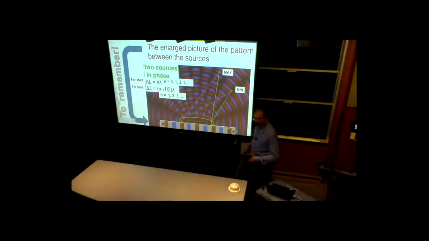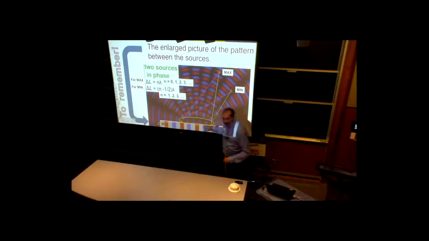So we can always figure out what is happening in whole space if we know how to figure out what is happening just between the sources. If we look inside, we know right between these coherent, in-phase sources, in the middle we should have the maximum of intensity, an antinode of a standing wave.